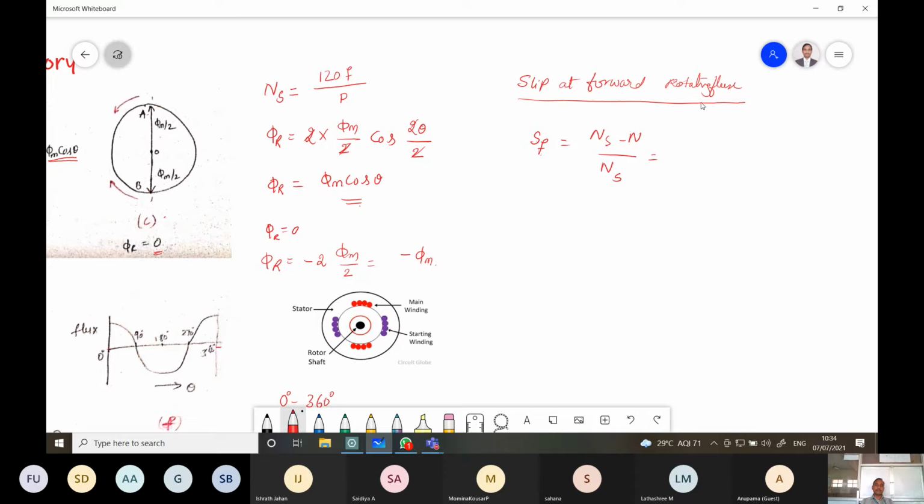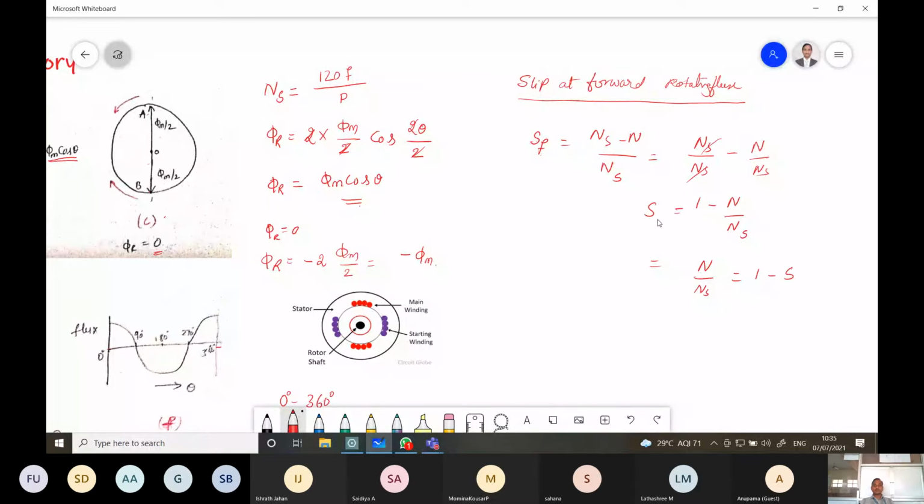So we will write it as ns by ns minus n by ns. The ns cancels, right? So this will be 1. So 1 minus n by ns. Here n by ns is s, so this is equal to 1 minus s.